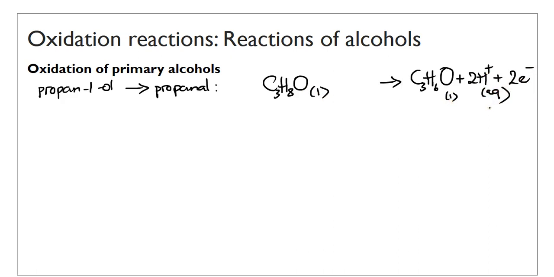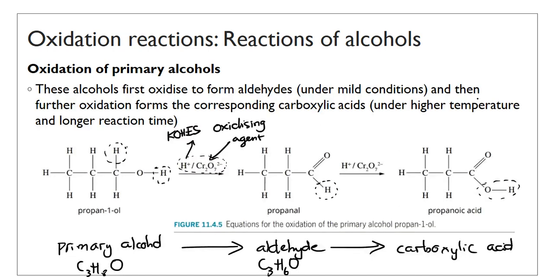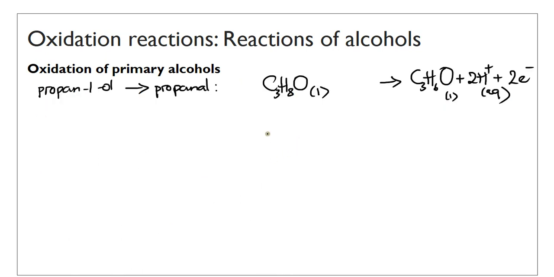Now, the key thing here is that this reaction cannot happen by itself. It does need to have a reduction counterpart, just like any other redox reaction. Because the oxidizing agent that I use is dichromate ions, I would have to write the reduction of dichromate ion. You do have to memorize this, by the way: dichromate ion, when undergoing reduction, is going to produce Cr3+.